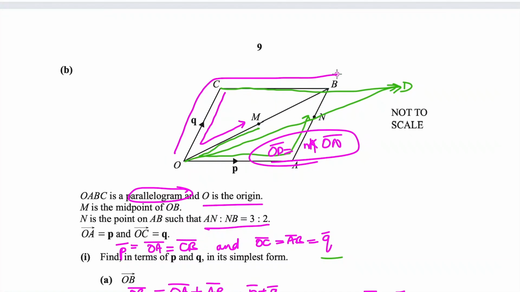Now CB and CD are collinear. So CD bar would be equal to K into CB bar, and so again OD bar is equal to OC bar plus CD bar. Now I am equating both of them. If I equate their P components and Q components, then I'll get the answer.